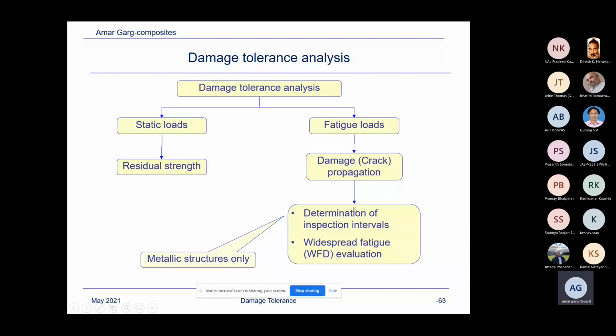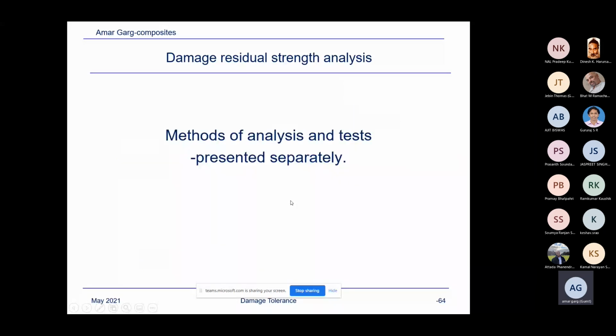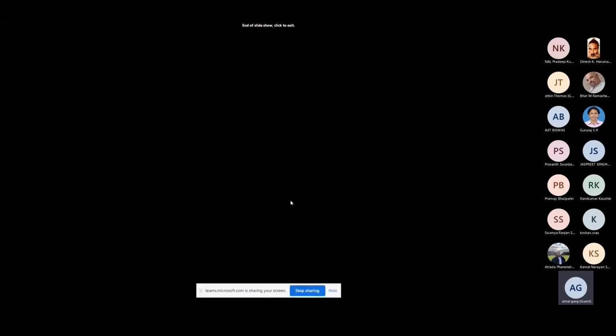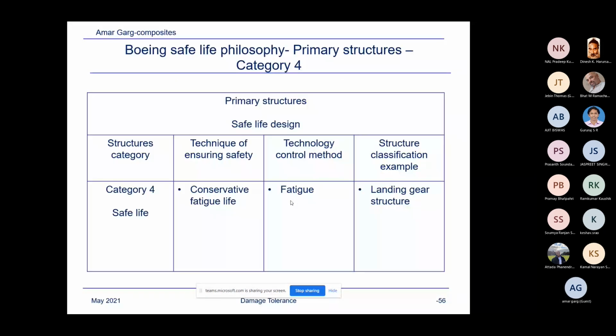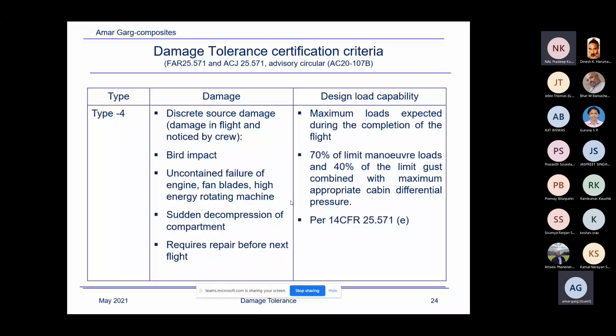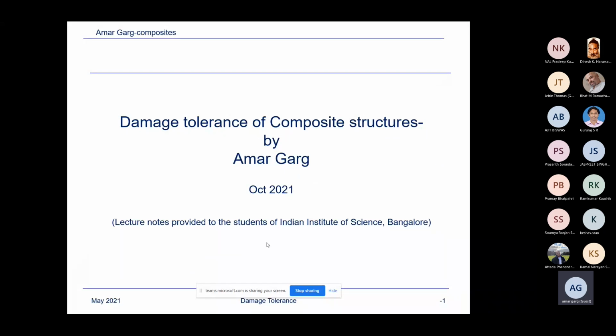So inspection determination involves widespread fatigue damage, metal only. Methods of test analysis presented separately. Thank you. This is quickly, I just wanted to show most of the things for repeating, but a few things I put additionally, the Boeing criteria. That's why I thought, let me just show it to you.